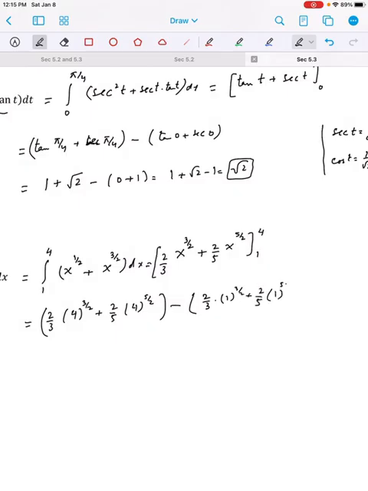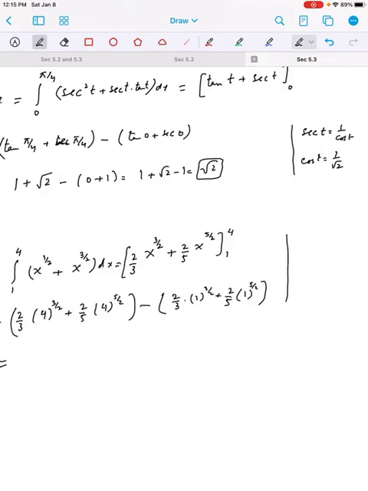How do we tackle these ones? Well, again, go on the side. 4 raised to 3/2. Remember, the exponent rule says we can write this as 4 to the 1/2 whole raised to the power 3. But 4 raised to 1/2 is 2, because that's the square root of 4. So it becomes 2 cubed, which is 8. In the same way, 4 raised to the power 5/2 will be the square root of 4 raised to 5, or 2 raised to 5, which is 32.